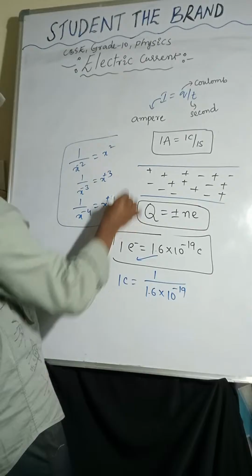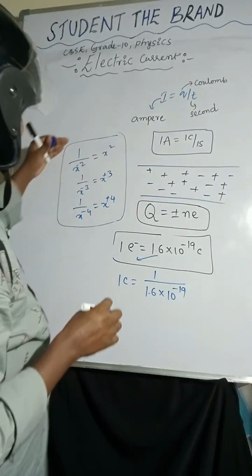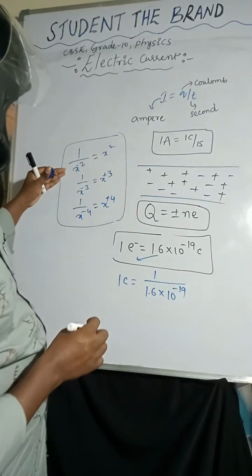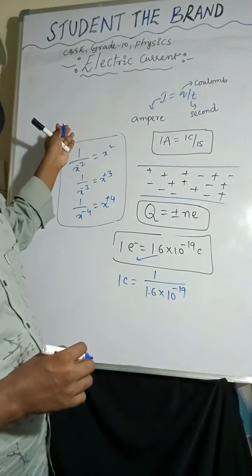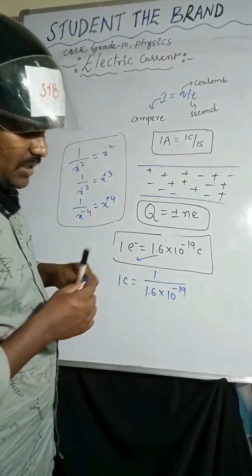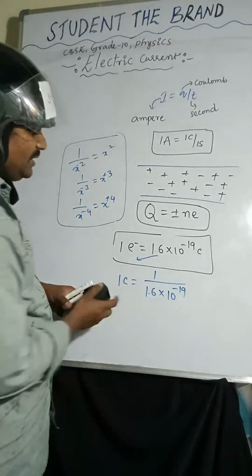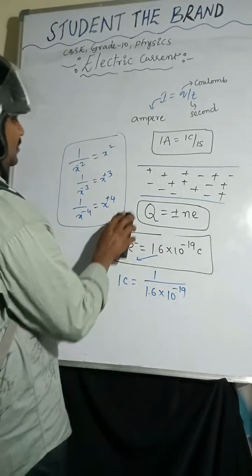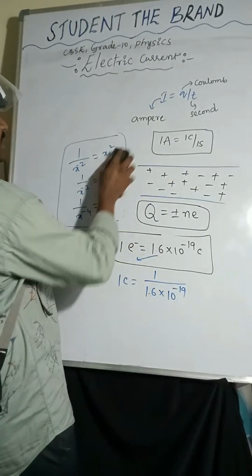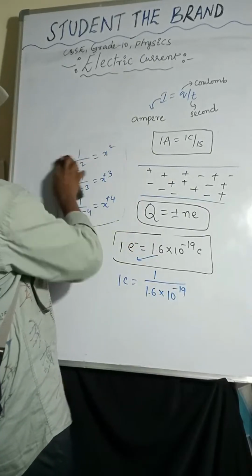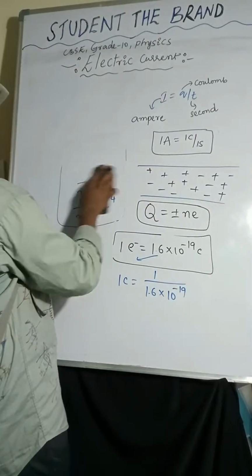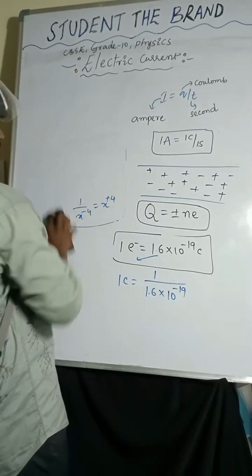If it is in the denominator, it is minus; if it comes to the numerator, it becomes plus. The same here: 10 power minus 19 is in the denominator, and if it comes to the numerator it becomes plus.